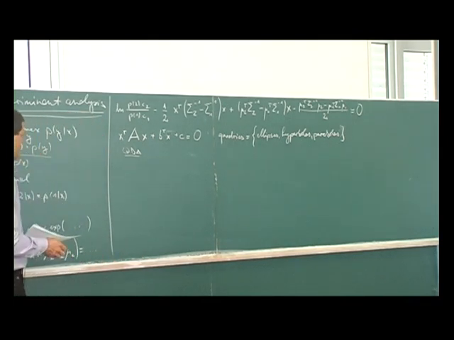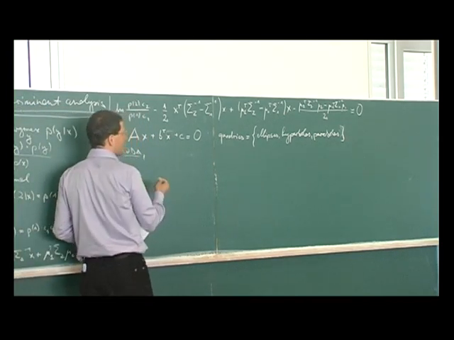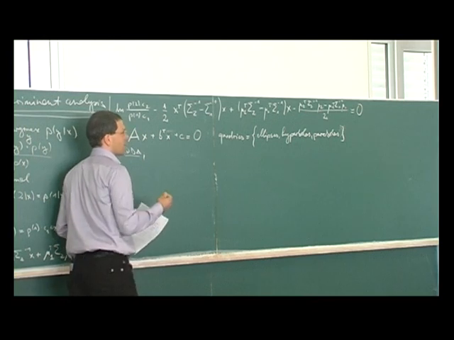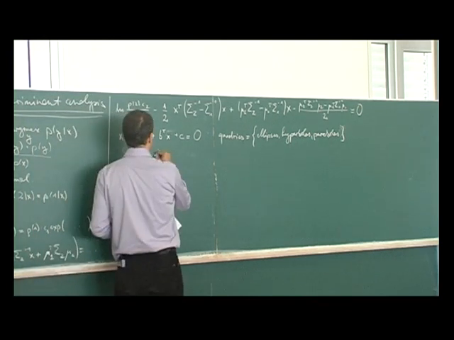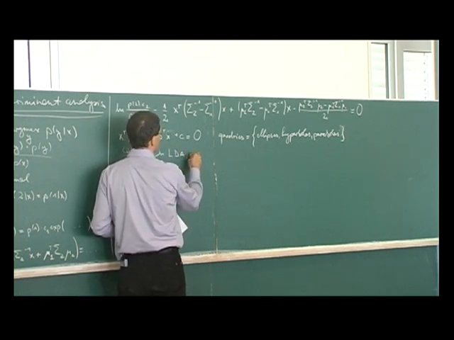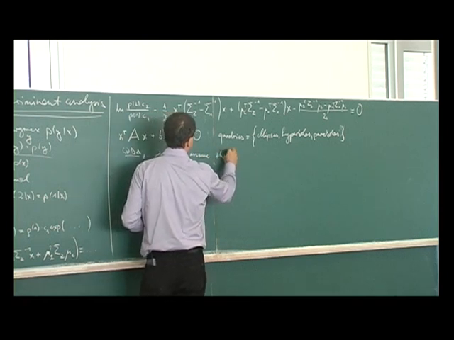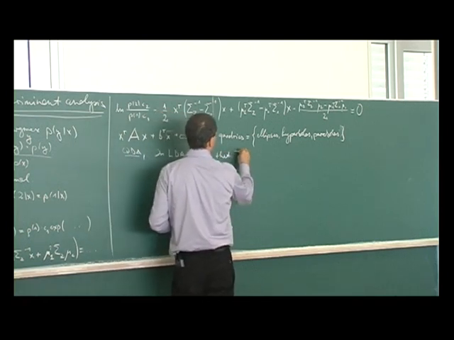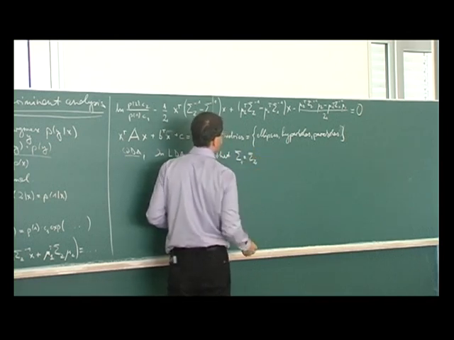Okay, this is quadratic discriminant analysis, and if in addition we make an even more simplifying assumption, namely in linear discriminant analysis, we will further assume that the covariance matrices for the two classes are the same.